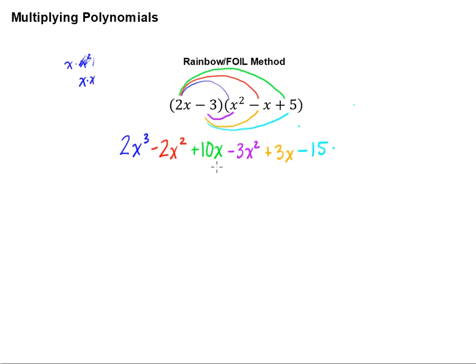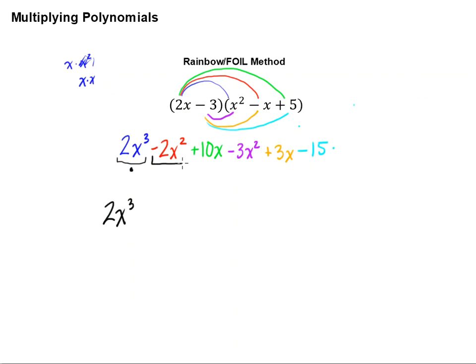So let's combine any like terms that we have. So 2x cubed, there are no other terms that have an x cubed in it. So I'm just going to write 2x to the 3rd power. Okay, so that one's done. I'm just going to put a little dot underneath that little bracket so I know I've taken care of it.